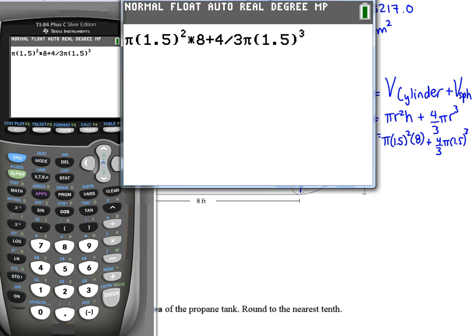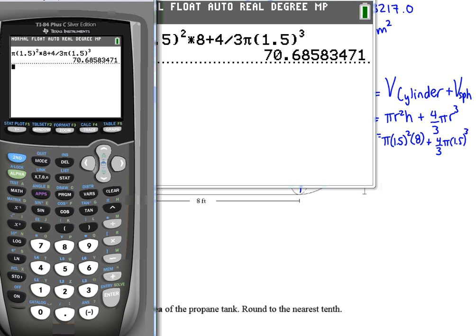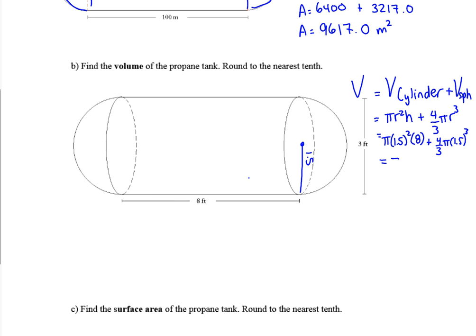Something like that. Okay? Gives you, and that's our answer. To the nearest 10th? 70.7 feet cubed. Okay?